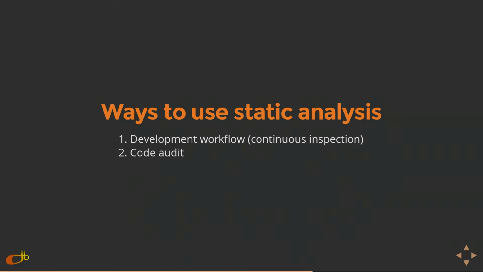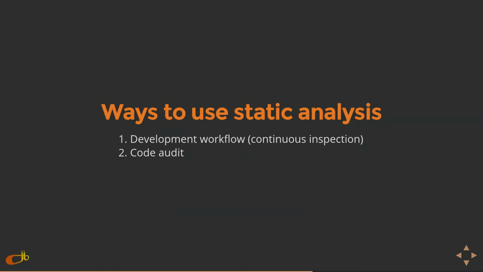So now we are at a point where we have Code Climate configured and we want to use it on our project. There are two general ways that I see Code Climate or a static analysis tool being used. One is using it in a development workflow that is continual inspection.